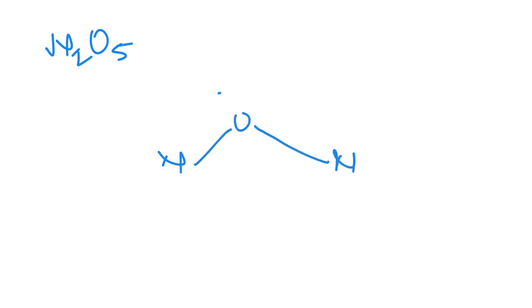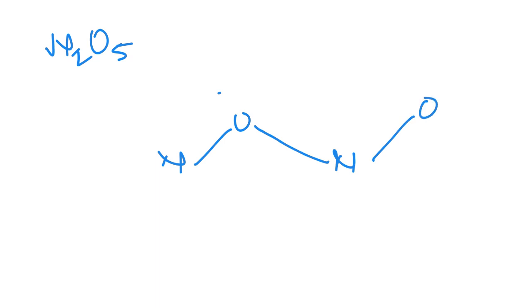Next, N2O5: again one more oxygen has to be added. We just put the oxygen in the middle between the two nitrogen atoms.